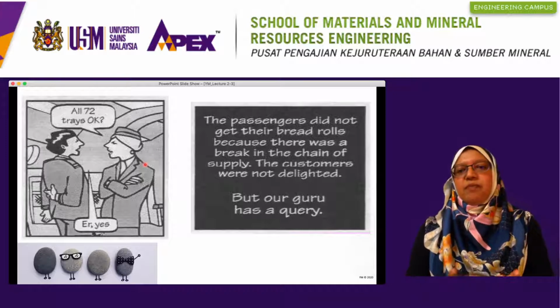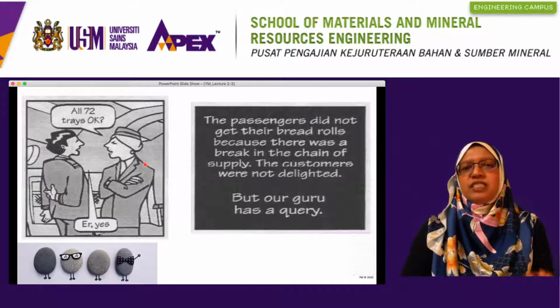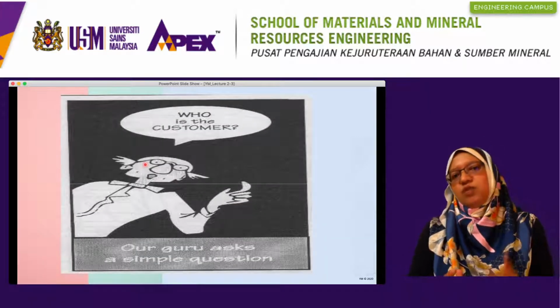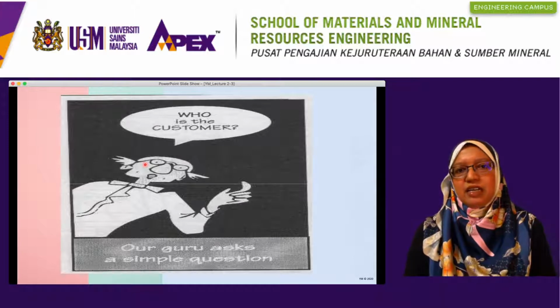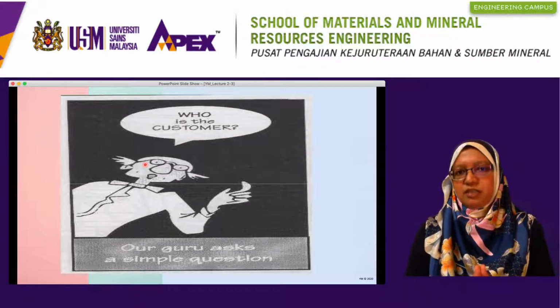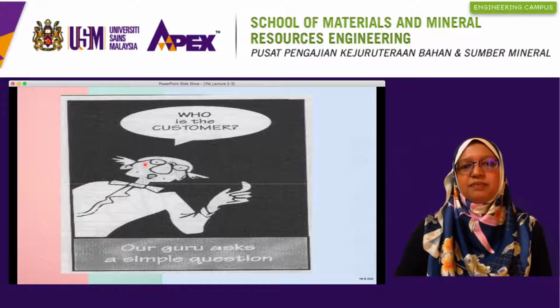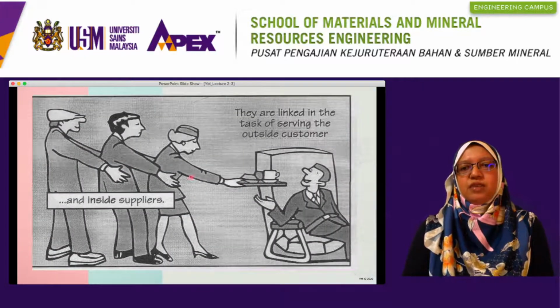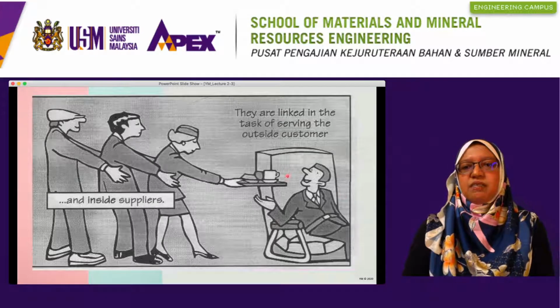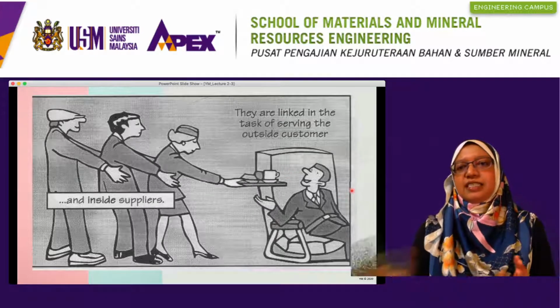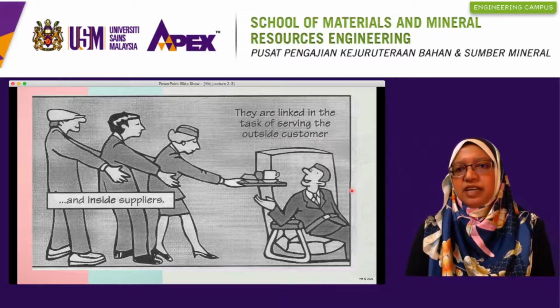Right here, our guru has a query, one simple question. Who is the customer? Can you define the customer? Remember, we have internal and external customers. As you can see here, the passengers are the external customer, or we call it the outside customer.